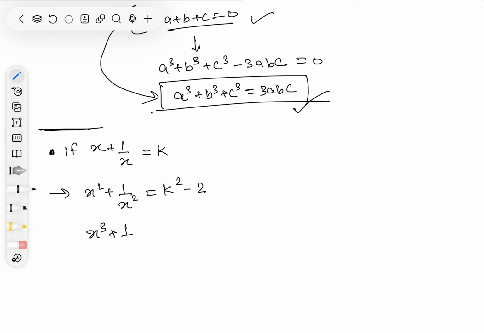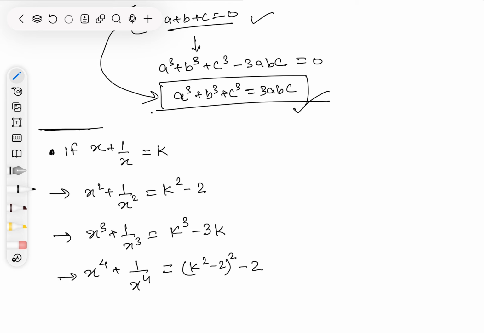Cube, if we see, then it is k cube minus 3k. And if we look at x to the power 4 plus 1 by x to the power 4, then it is k square minus 2 whole square minus 2. So just in case some value is given, then you can try to find these three things.